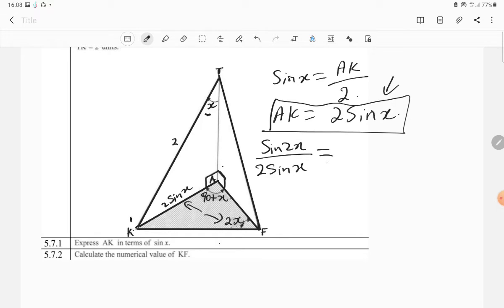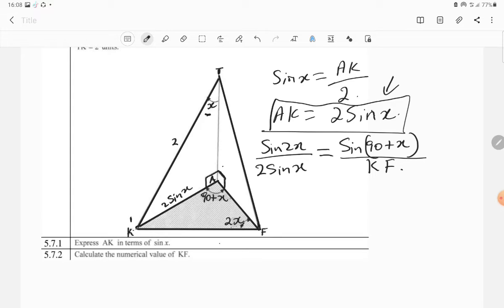So it is equal to, we're given now what? This is the angle that we have, this angle 90 plus x. We are going to have sine of 90 plus x, divided by the side that we are looking for, which is KF.